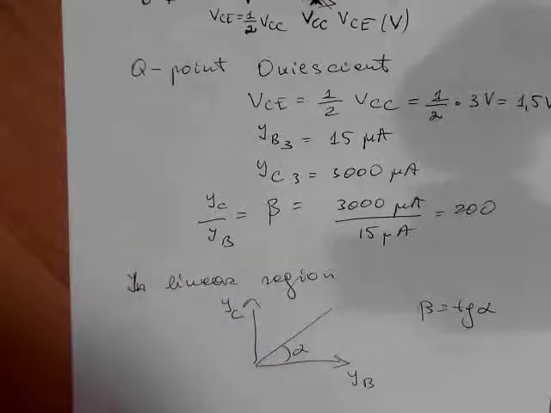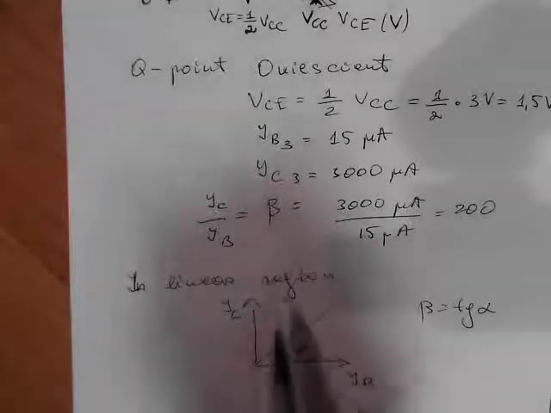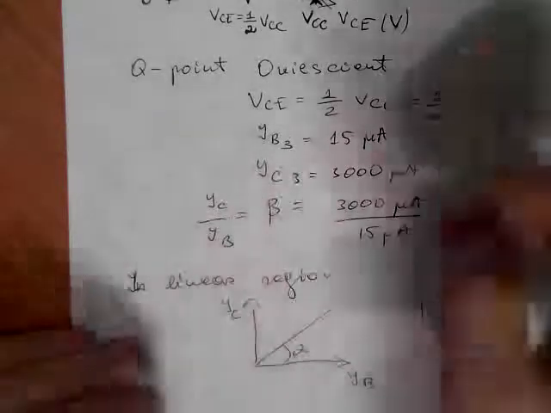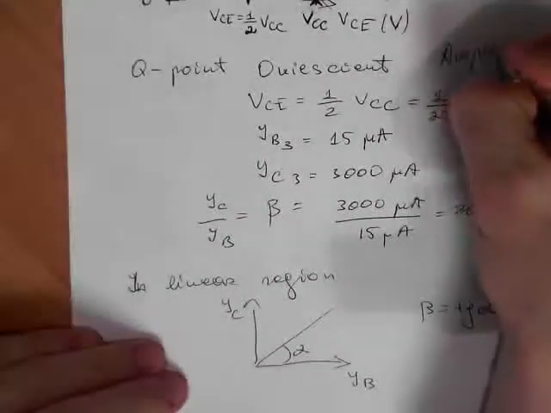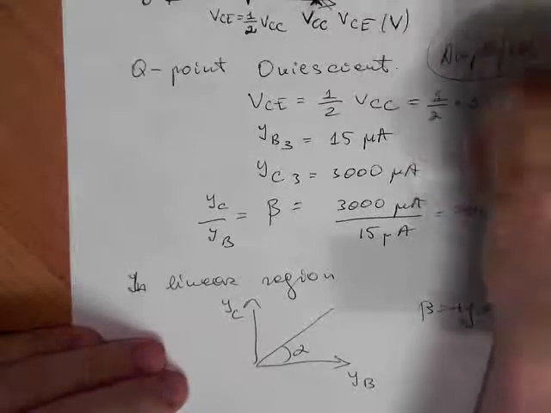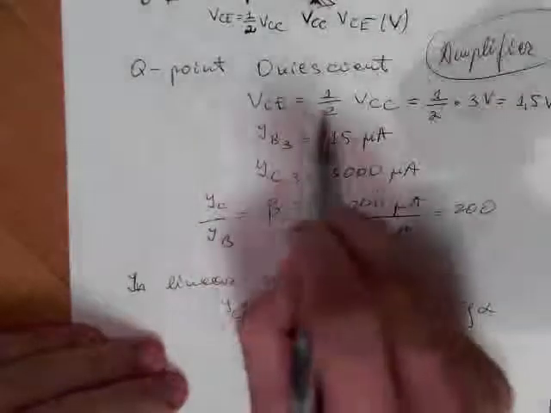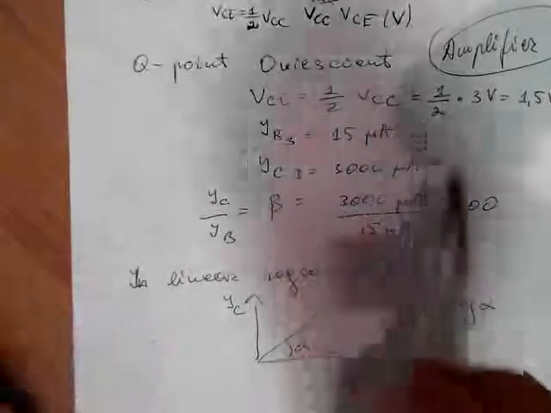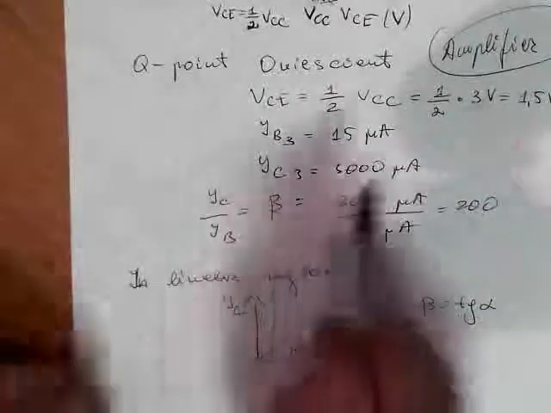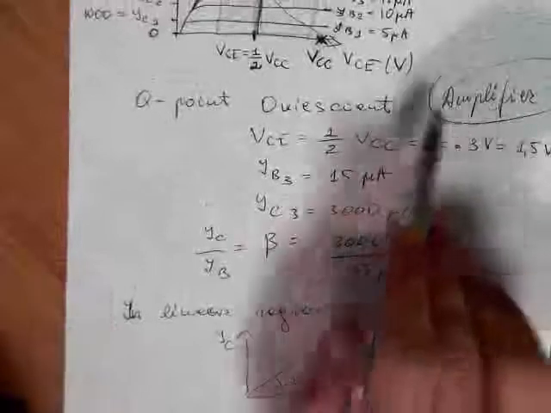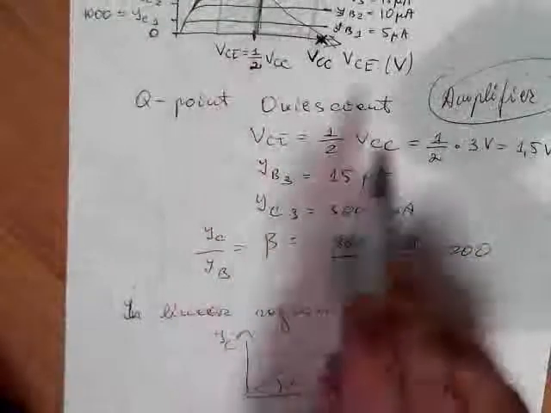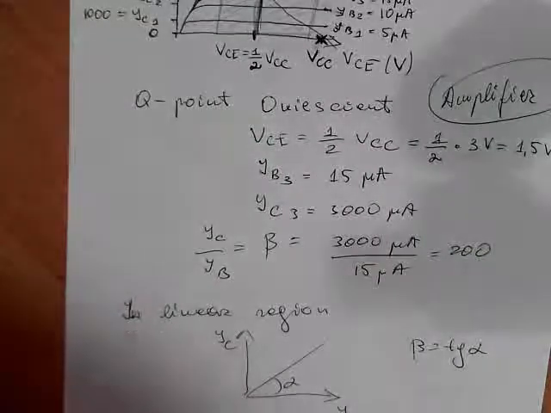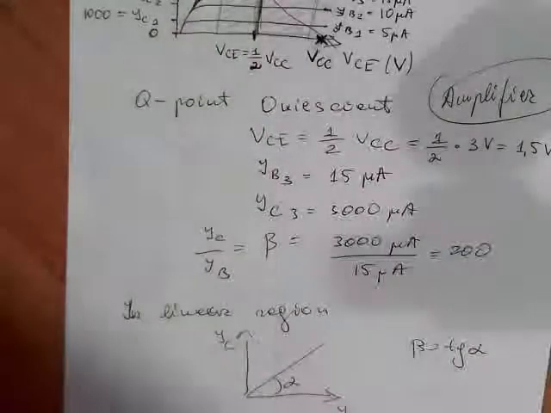So here we have question number 27. It describes the transistor as an amplifier. So as an amplifier, the transistor is used with VCE equal to half VCC. When it is amplifying, it is in the linear region because this voltage is in the linear region.